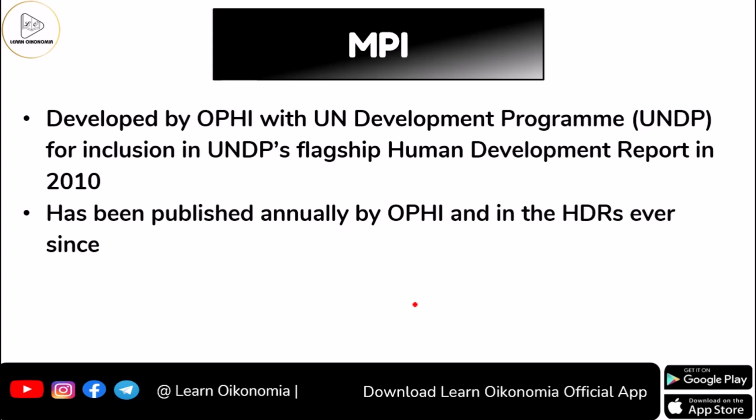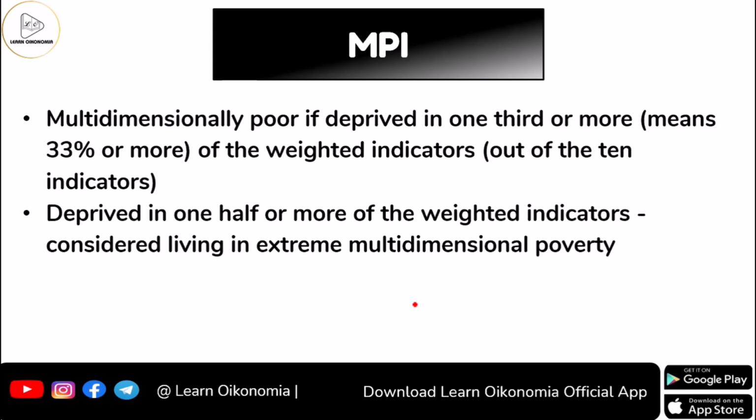This has been published annually by OPHI in the HDRs ever since 2010. So what we could understand from here is that a person is considered as poor or deprived if this person is identified as deprived in 3 or more indicators given by MPI.